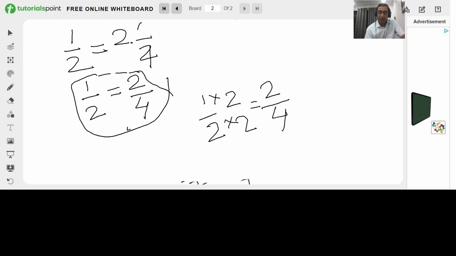Any fraction turned into an equivalent fraction keeps its value. We make fractions equal because we have to add them, subtract them and compare them, and those operations can only be done when fractions are equal.